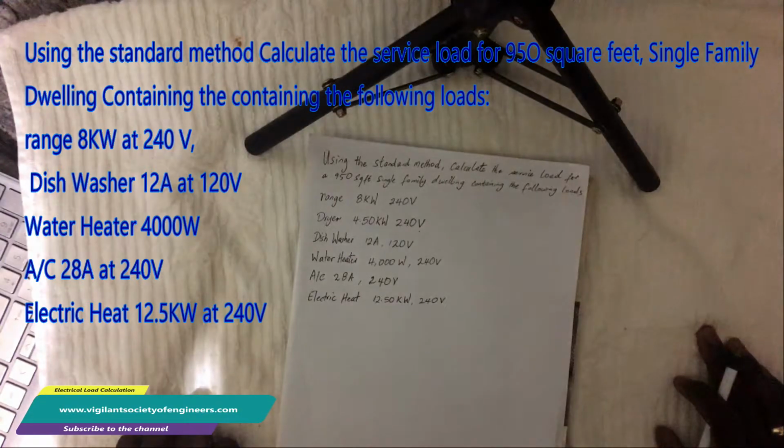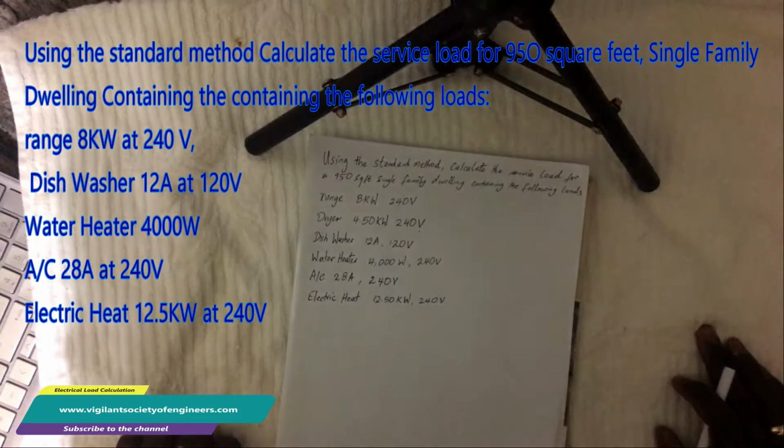AC unit as a measure of 28 amps and electric heating unit at 12.5 kilowatt.